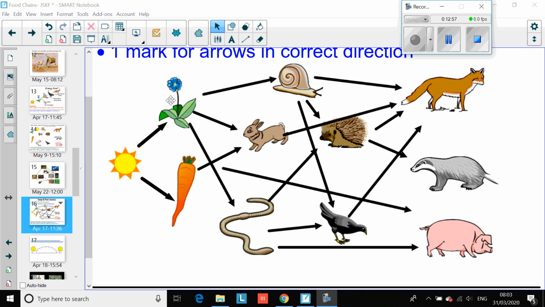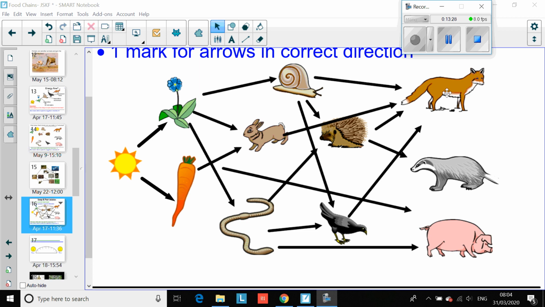The sun gives its energy to the flower and also to the carrot plant, but the carrot is eaten by the rabbit, and the plant is also eaten by the rabbit, but this plant also gets eaten by the snail. So you can see the food chain that you would have made going this way is also linked going this way, because a big fox might come along and actually just eat a snail as a snack.